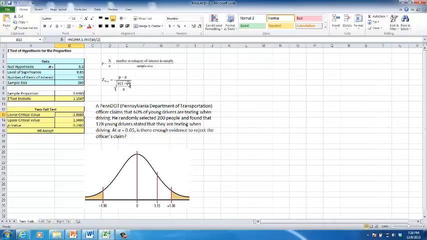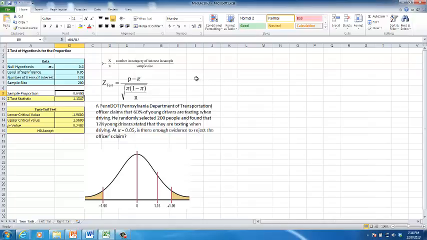Now I need to use this formula for the z-test. The cell B10 is for this formula. P, which is the sample proportion, we find it right here, 128 divided by 200, which is B6 divided by B7.